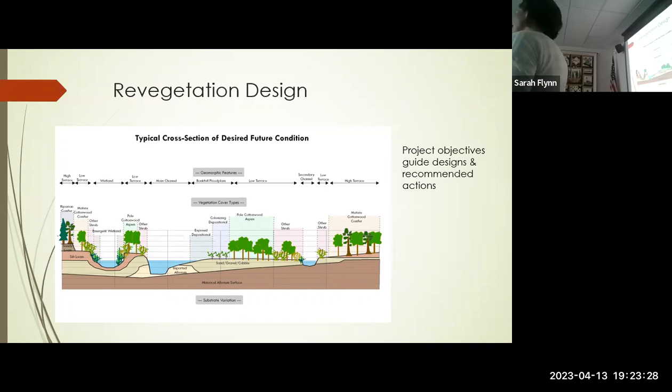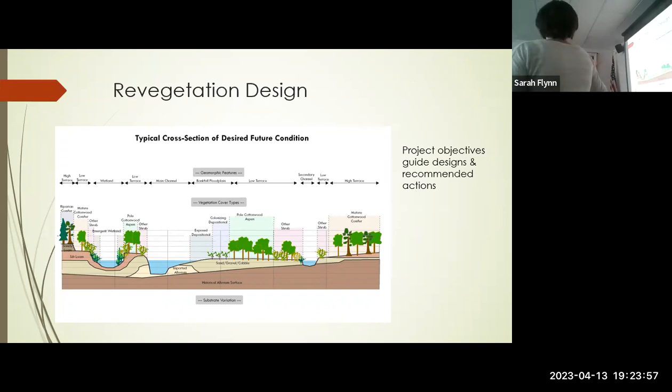So we want to set the stage for getting to these communities and have the right kind of substrates in place. I apologize that you can't really see very well what these words are, but along the channel, it says imported alluvium for the channel bed. So you want to have the right kind of gravel in the stream, sand and gravels and cobbles up on that next floodplain terrace, which would be the depositional feature where overbank flows access that.